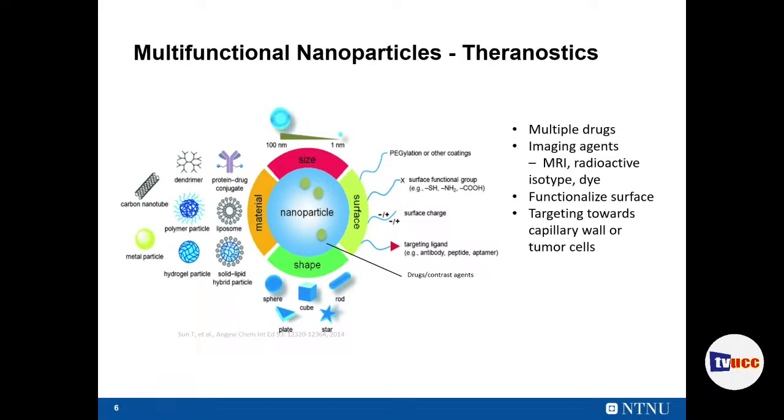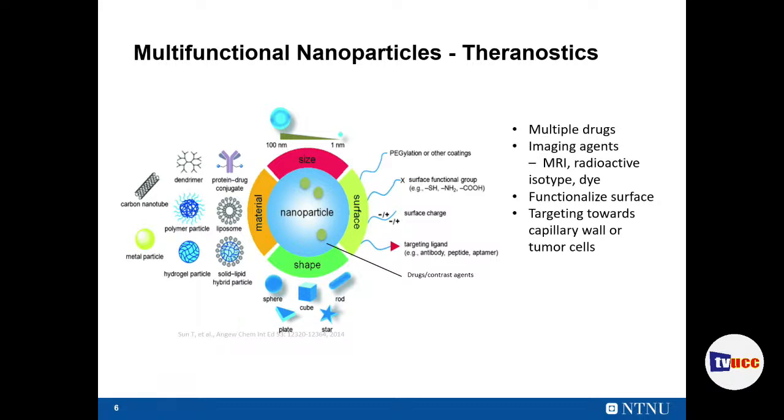And importantly, on the surface of such a particle, we can functionalize it. We can add some molecules so it can bind to certain cells or certain properties, or we can coat it with something to increase its circulation in the body.